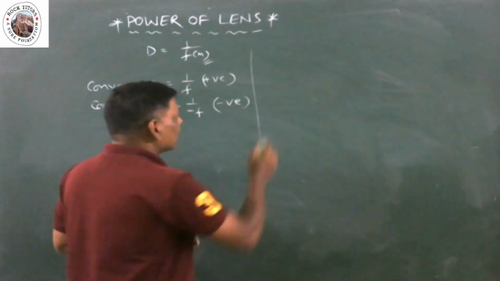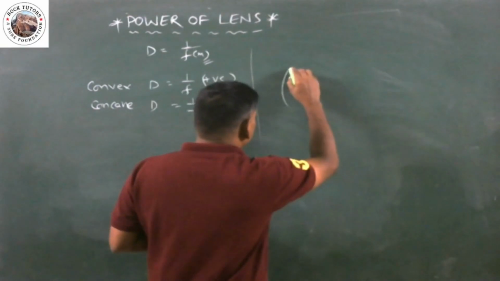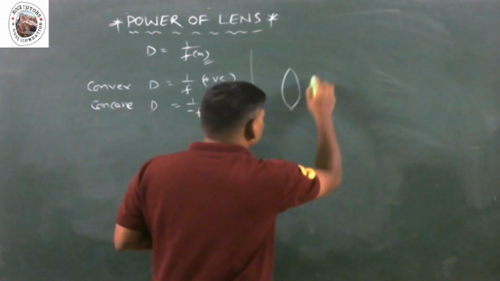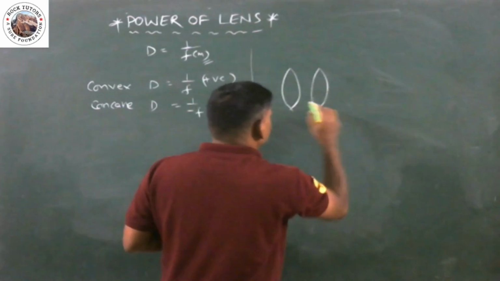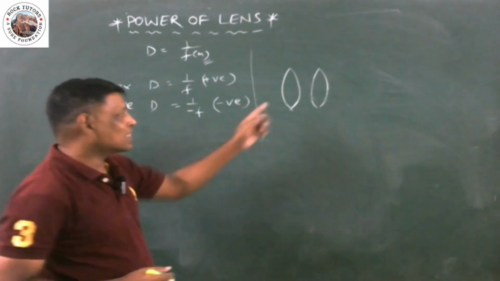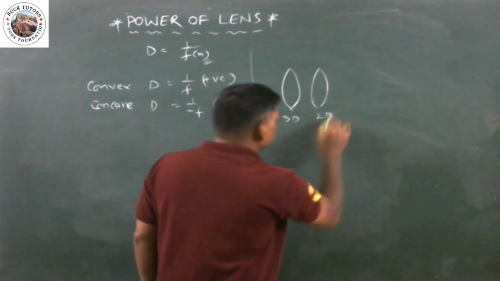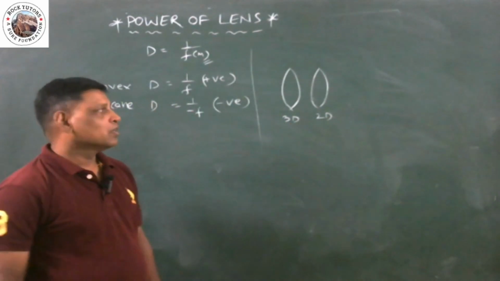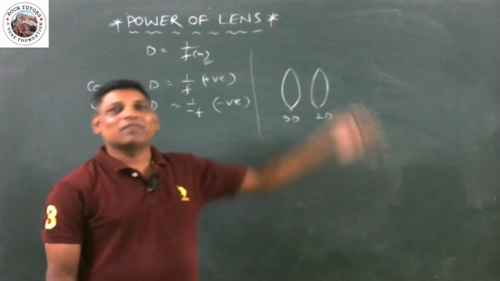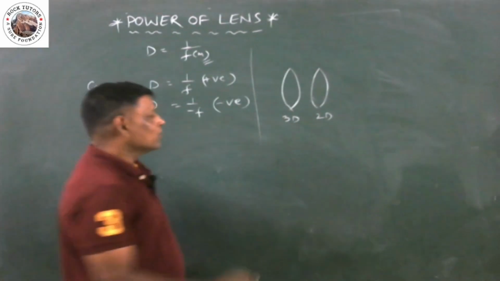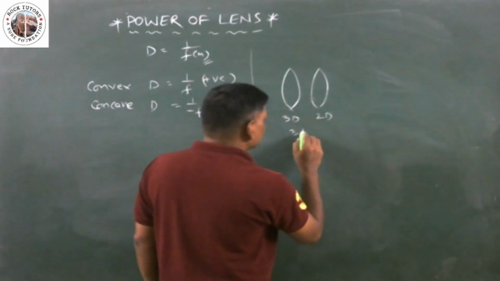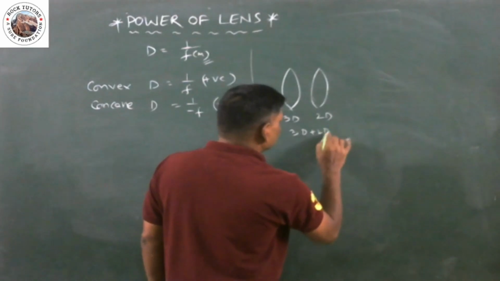Suppose I am taking two lenses together. This lens power is 3D, this lens power is 2D. Then the total power is 3D plus 2D is equal to 5D.